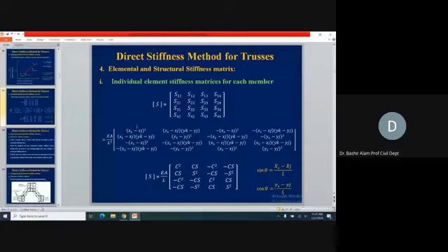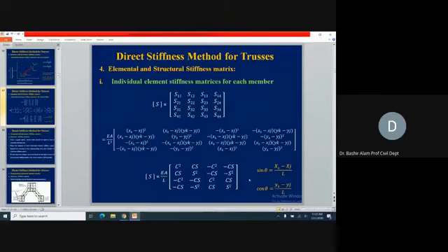If you remember, the first column was generated when we gave a unit displacement at end J along the X-axis, then the second at J along the Y-axis, then at K along the X-axis, and then at K along the Y-axis. And then in terms of the trigonometric functions, we wrote this one again. This is cos theta and this is sin theta.